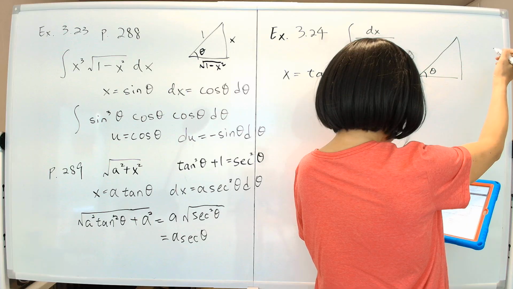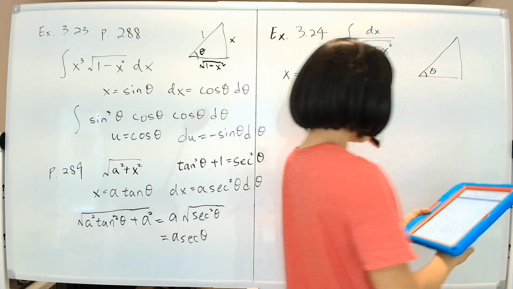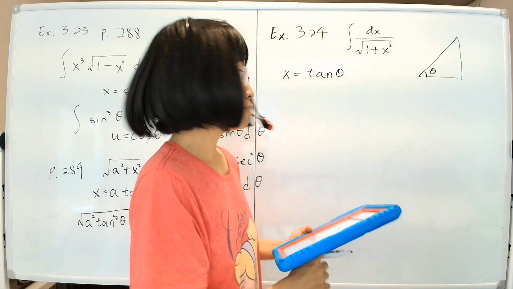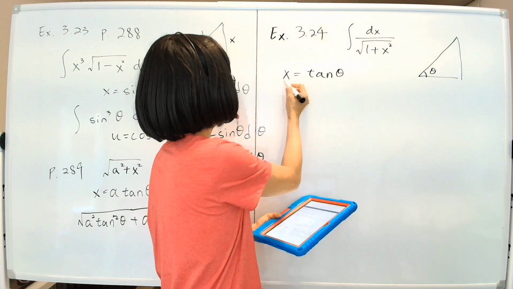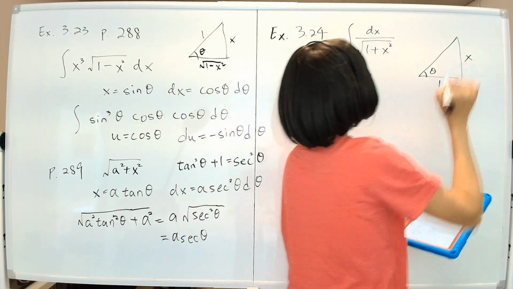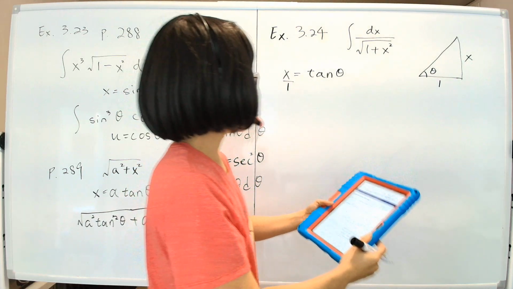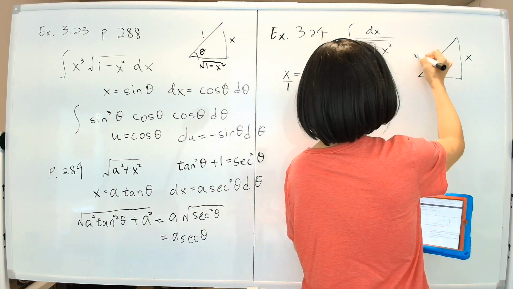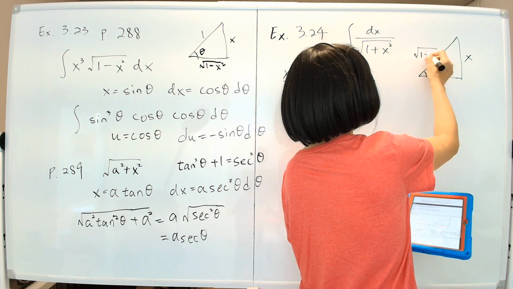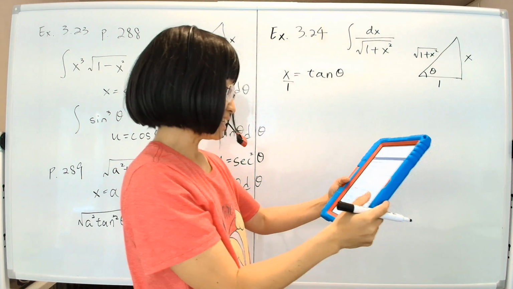So this is x, this is 1. Then the hypotenuse, we have to figure this out with the Pythagorean theorem again, is the square root of 1 squared plus x squared, which is nice.